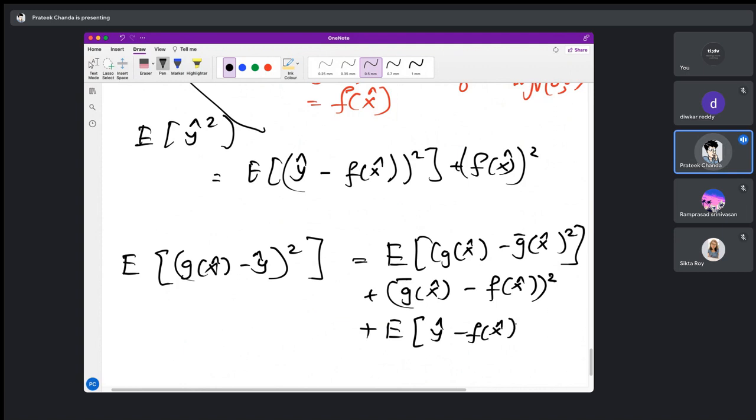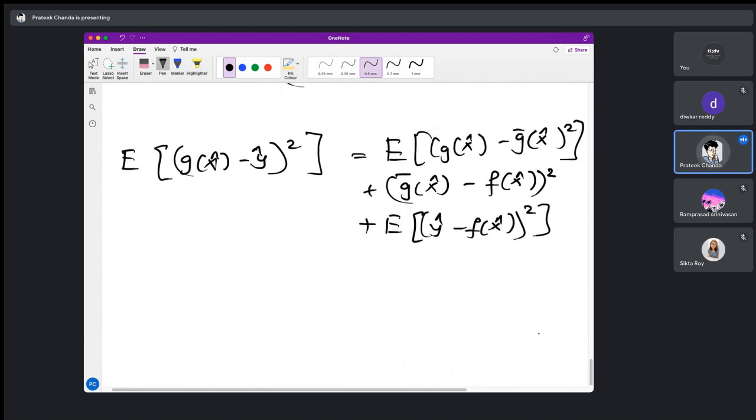I'm skipping only one step here. So this is my L2 loss, and this is my variance.